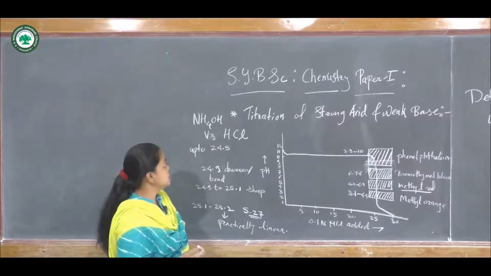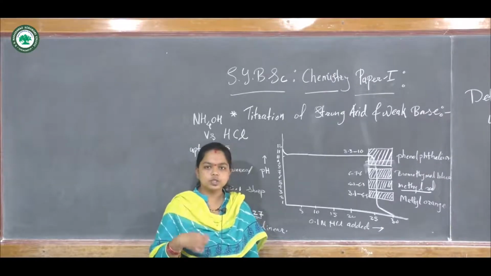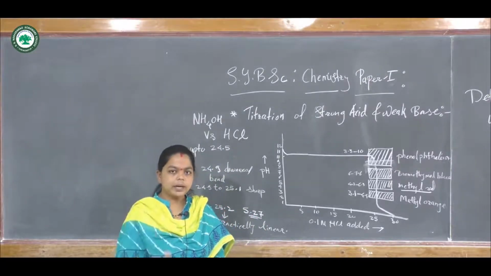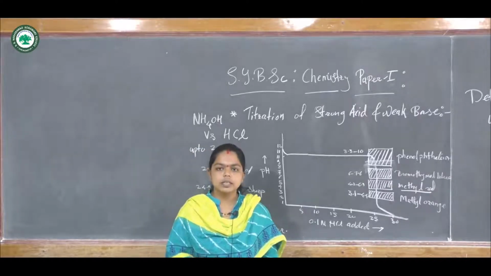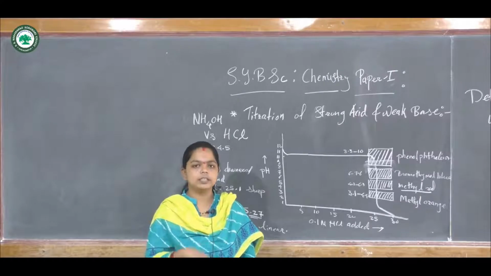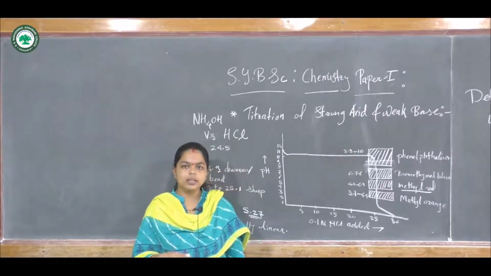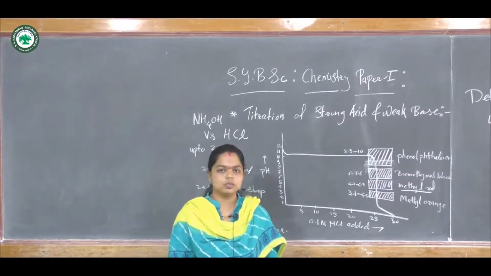NH4OH is the weak electrolyte, so it should be taken in the conical flask. We can determine the exact concentration of the weak electrolyte from the titrimetric analysis, even though it is only partially dissociated in the solution.